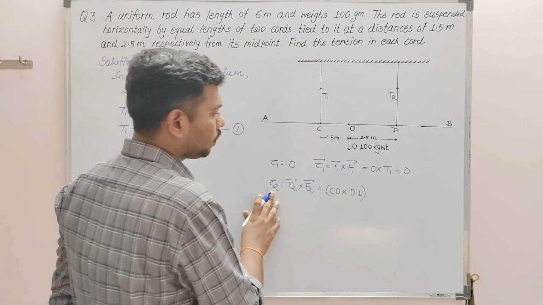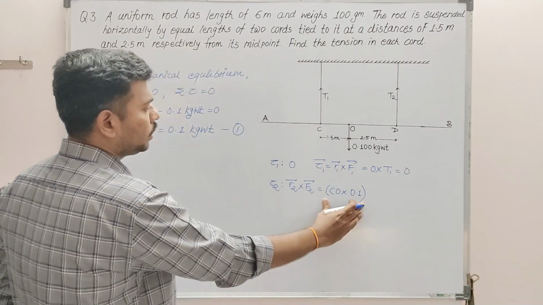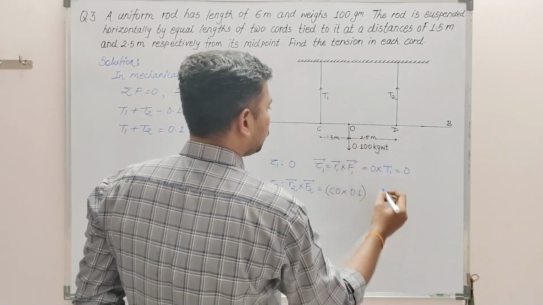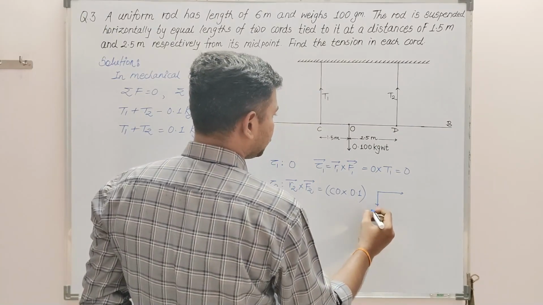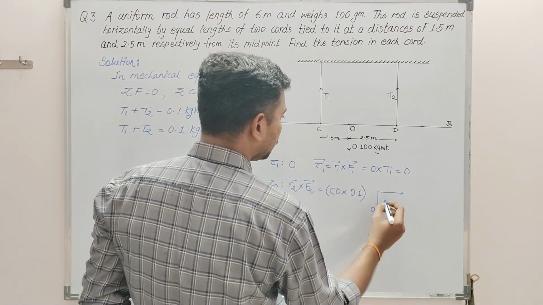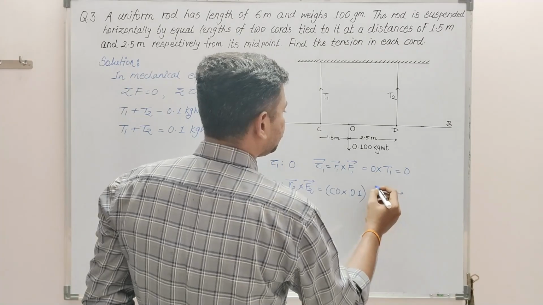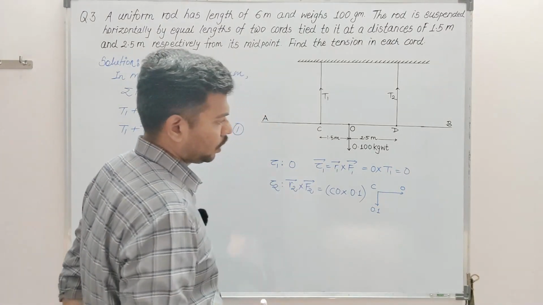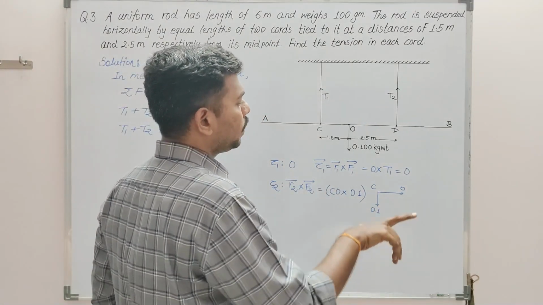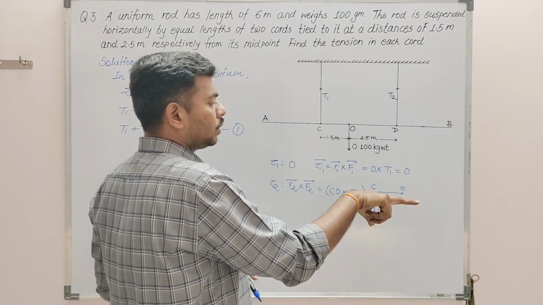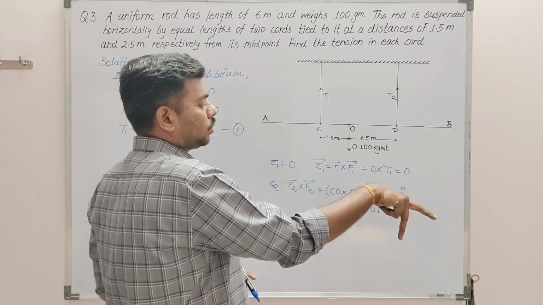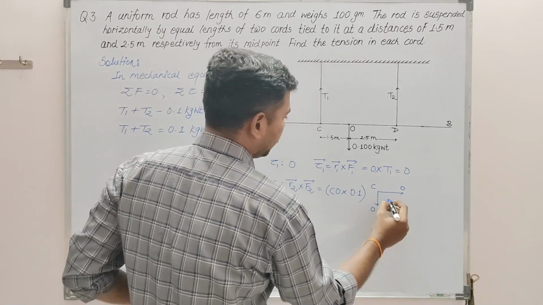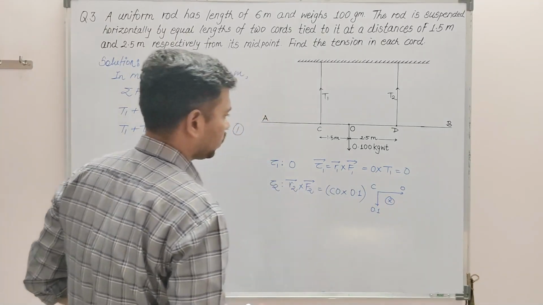Now what is the direction of this torque? According to the right hand thumb rule, CO is the radius vector, directed in this way, and the force is directed downward, so the torque is going into the plane.